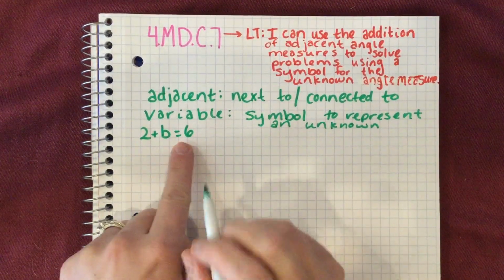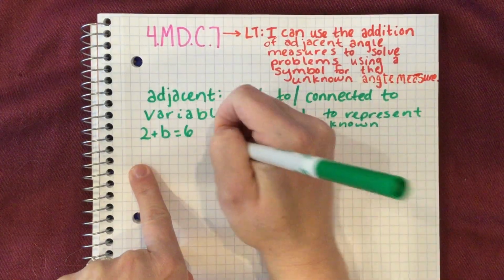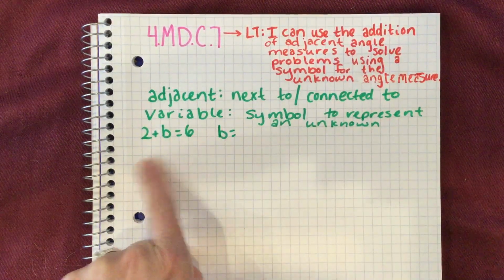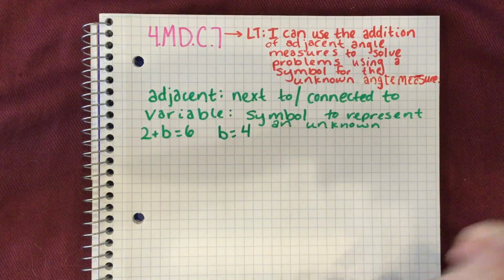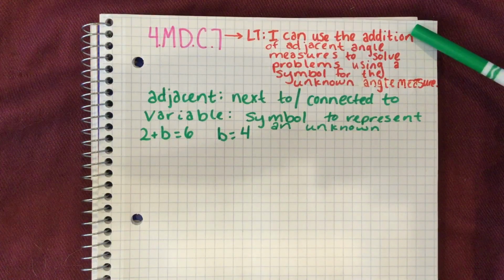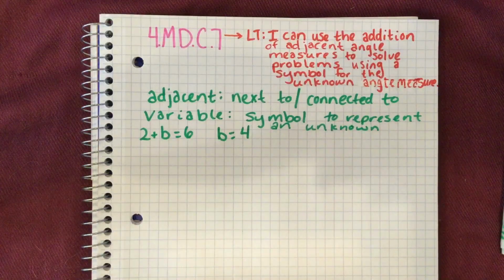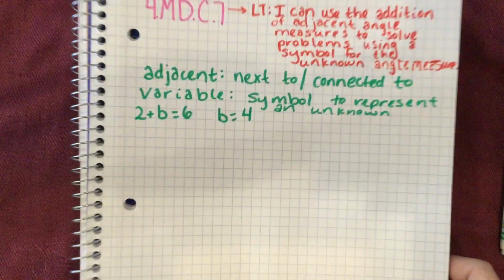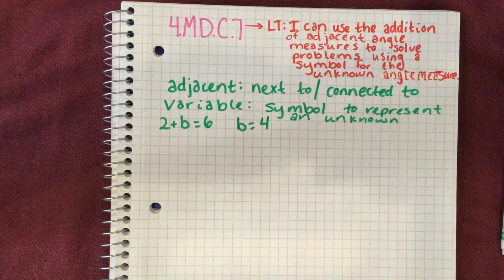And of course, we can work backwards and say, okay, what's 6 minus this 2? That means b equals 4. So what we are going to be doing is using the addition of those connected angle measures to solve problems using symbols for the unknown angle measure. Let me show you an example.